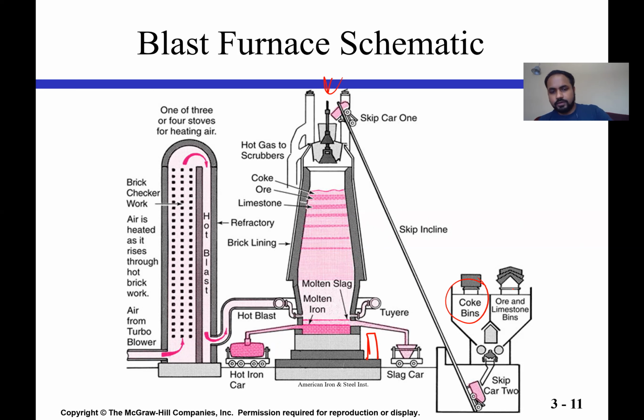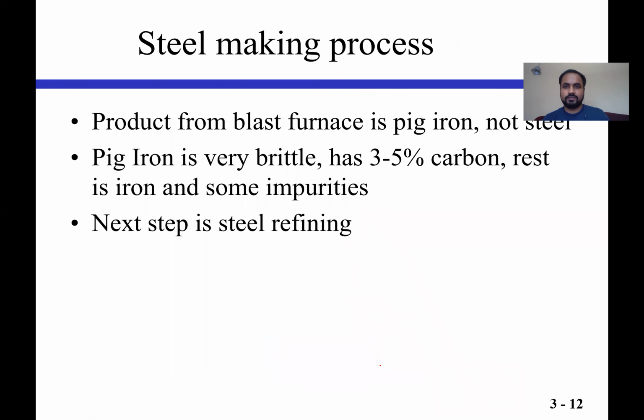You get pure material, hot iron, in a separate car, and then there are some impurities on the top. That impurity is called slag. That impurity is separated out, and it goes to the cement industry. They would use it for other applications. We are mostly focusing on the iron side, the pure metal that we extract.